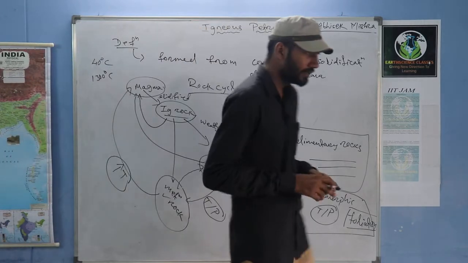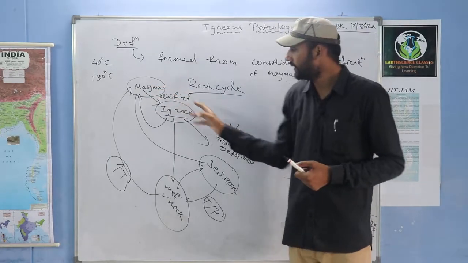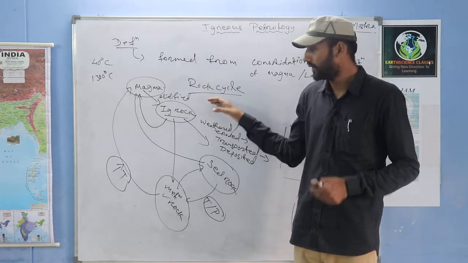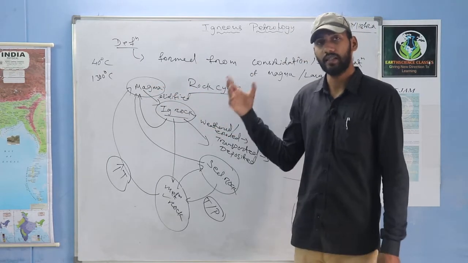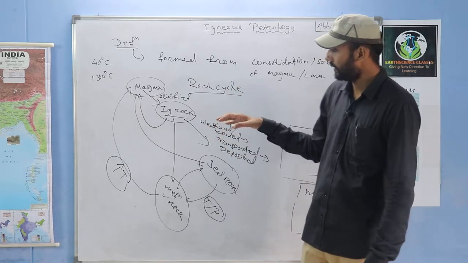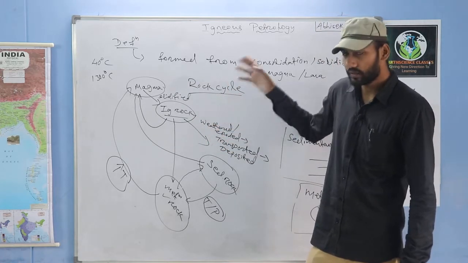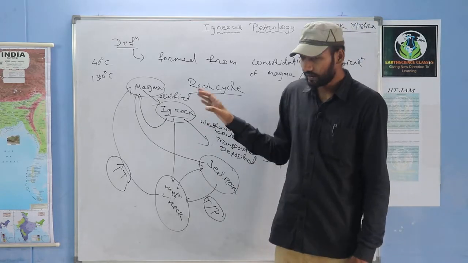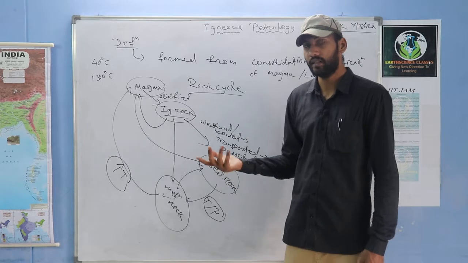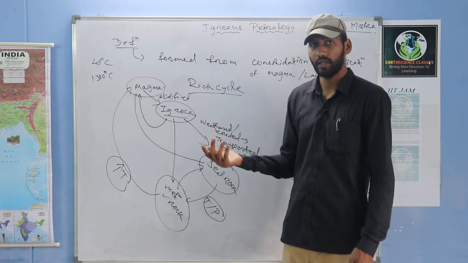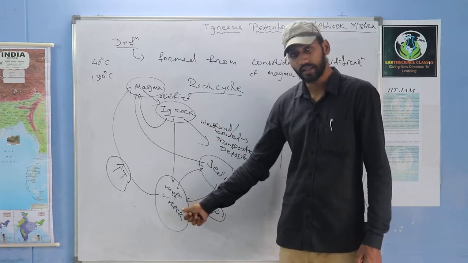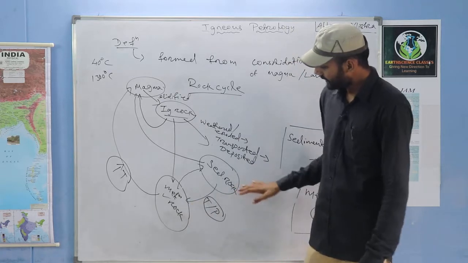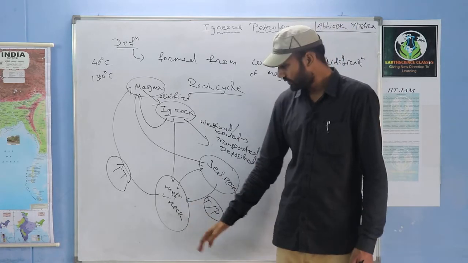So what is the rock cycle? From magma we get igneous rock. When it is solidified, this igneous rock has some mineral assemblage. When it is getting eroded, transported and deposited, it will form sedimentary rock, or when it undergoes temperature and pressure change, it will produce another mineral assemblage to produce another rock called metamorphic rock. Similarly, the sedimentary rock can get metamorphosed.